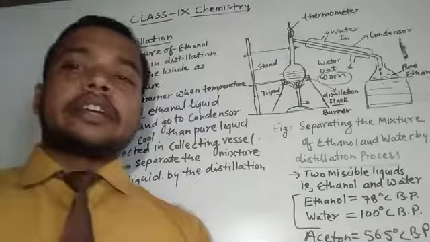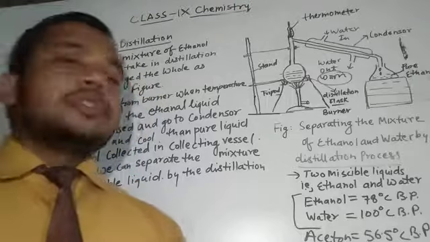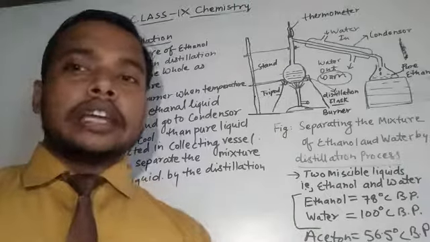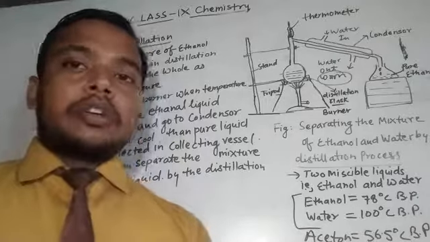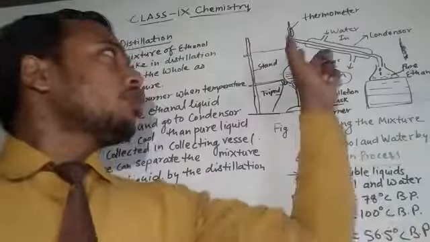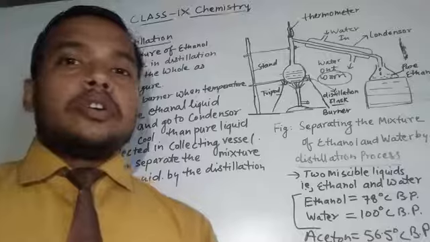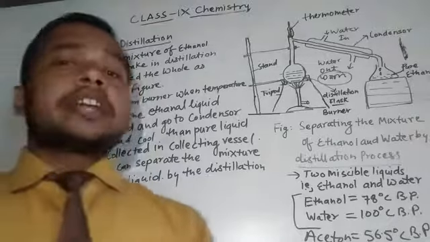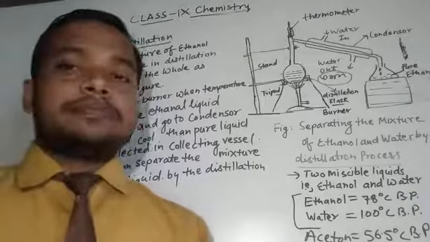When the temperature gets up to 78 degrees centigrade, the liquid ethanol starts vaporizing, and the vapor of ethanol goes up to the condenser connected to the distillation flask.